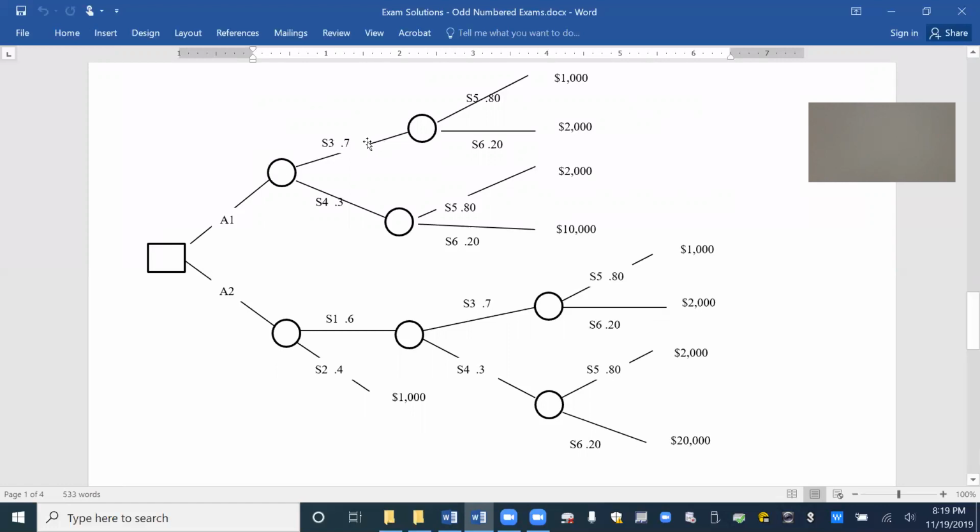If James gets it right and Ken gets it right, you're in third place. If James gets it right and Ken gets it wrong, you're in second place. Second place gets 2,000 bucks.